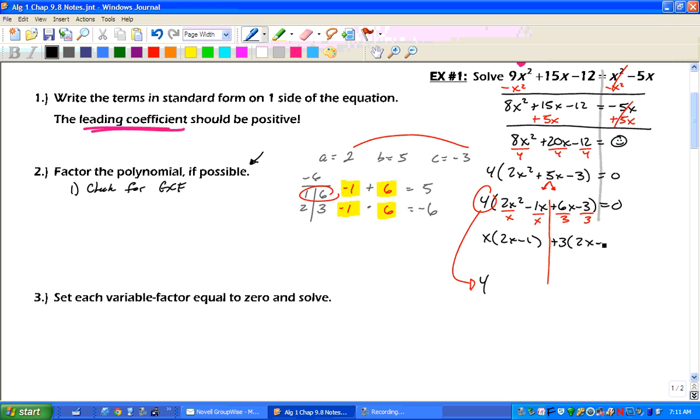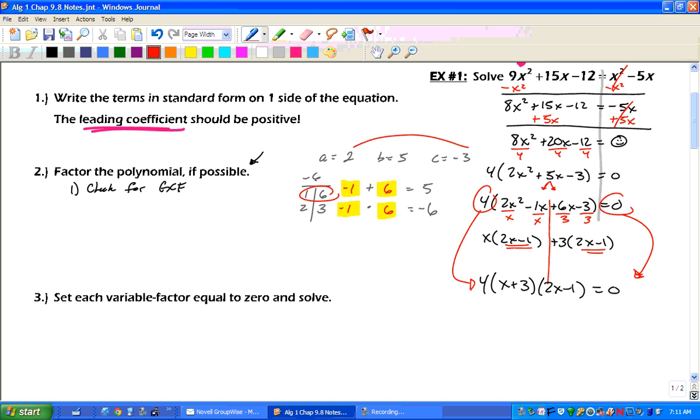And then we're left with 2x minus 1. And now our checkpoint, there we go. We did that, right? So we've got x plus 3, 2x minus 1, and remember, all of that still equals 0. You can't forget about that, okay?